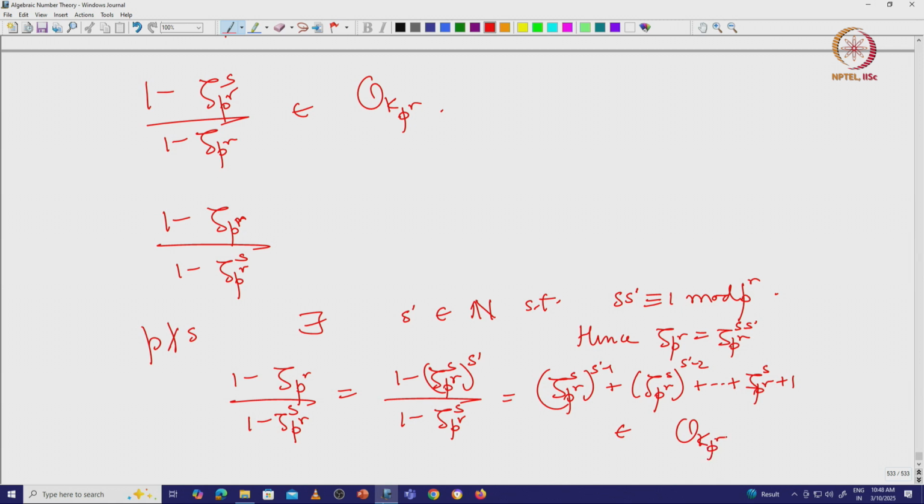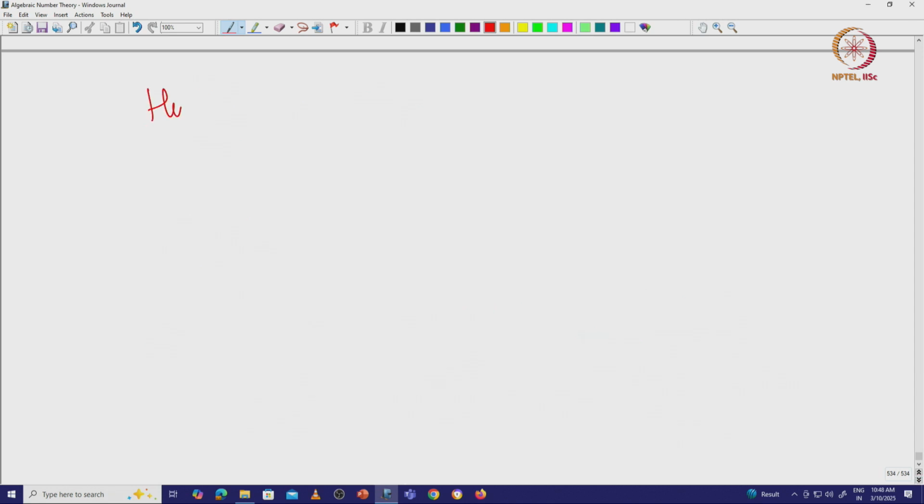Again I do not care what the ring of integers is, I know that this is in the ring of integers. So, hence the ratio of 1 minus zeta_{p^r} and 1 minus zeta_{p^r} to the s is in the units of the ring of integers.